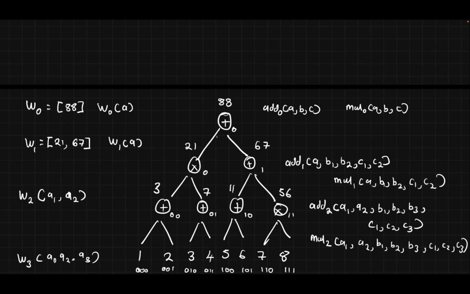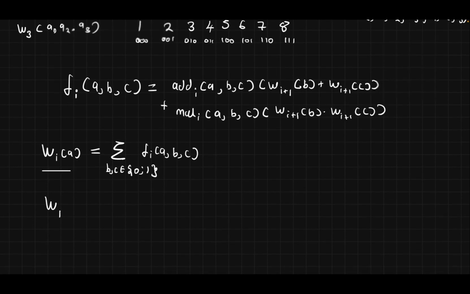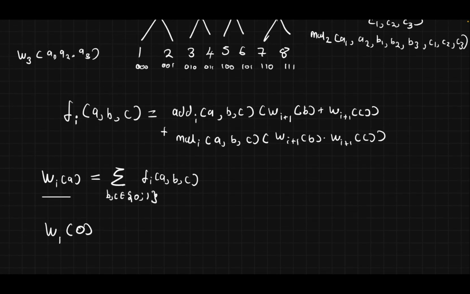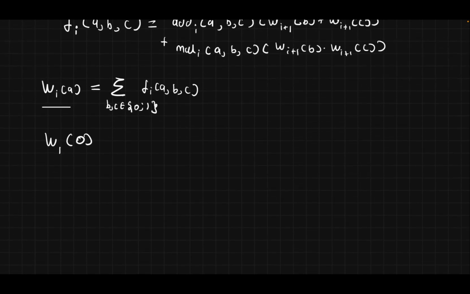So now what we want to do is express one of these outputs as a function of the next layer, right? So I want to evaluate W1 at, let's say, 0. A can either be 0 or 1, in binary, but then obviously you can evaluate it anywhere. That's the multilinear extension. So let's assume A is 0. What is the output supposed to be? 21. But now we're going to do it step by step using the formula from the layer below.